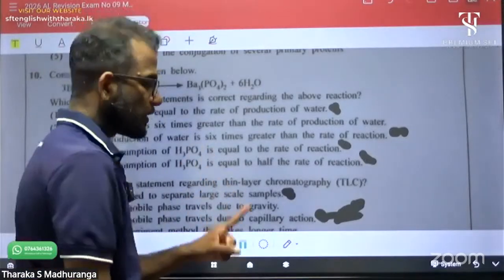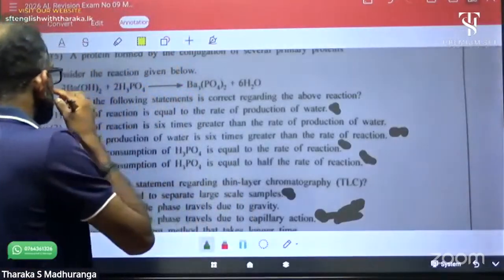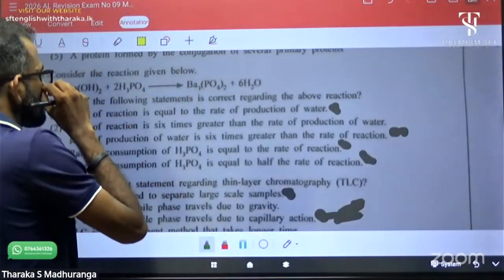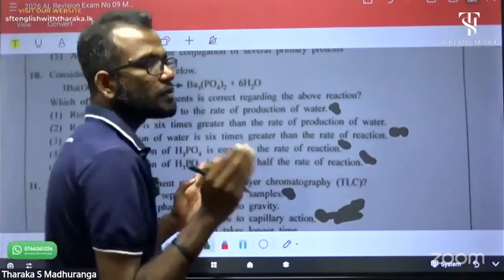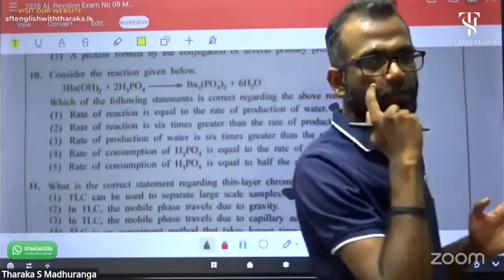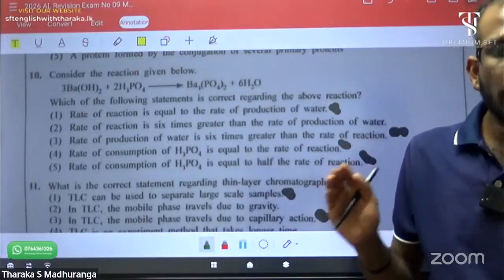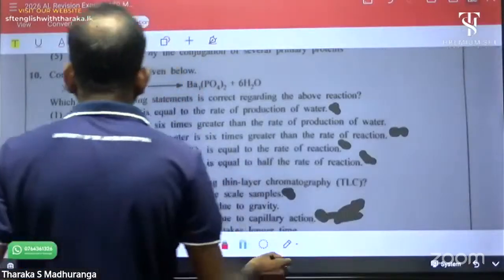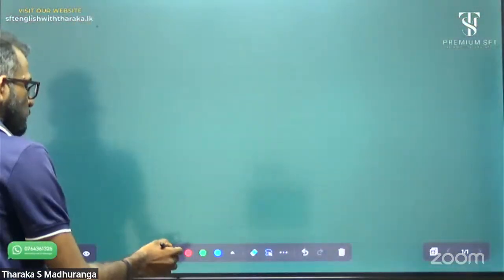It's a good question. Okay, see this. For this type of question, the better thing is to note down the equation first. Here the equation means the rate of reaction equation.